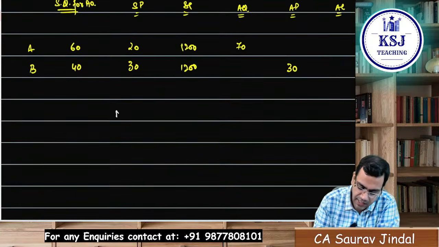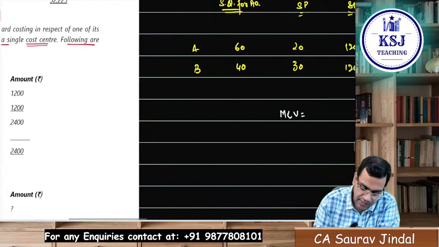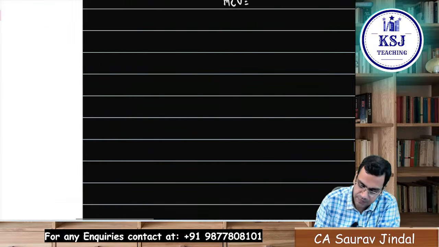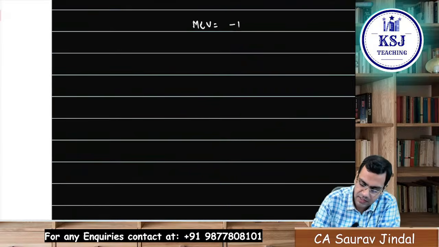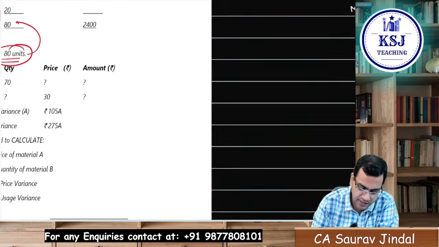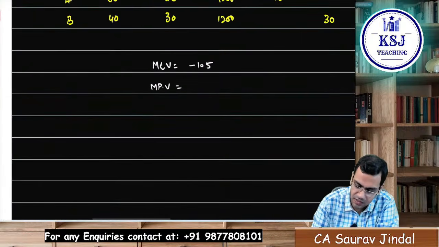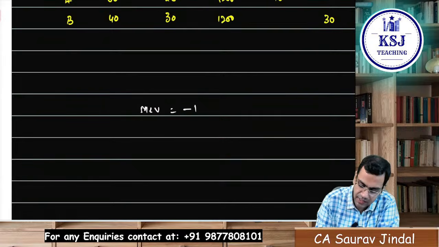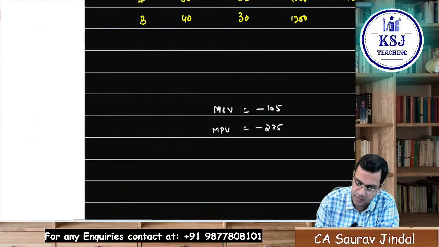One is the material cost variance, that is given as 105 adverse, that is minus 105, and the material price variance, that is given as minus 275. Material cost variance is equal to minus 105 and material price variance is equal to minus 275, right?